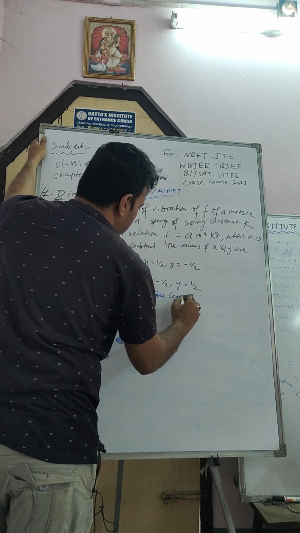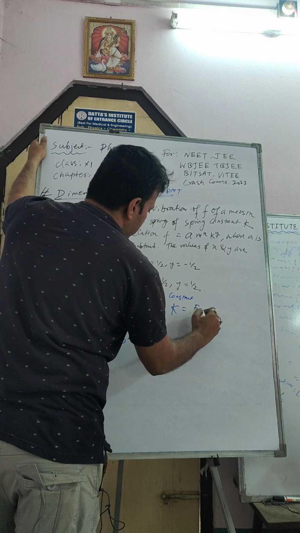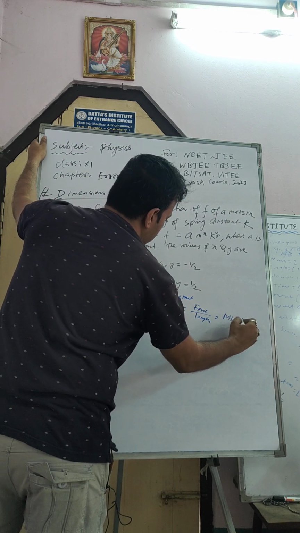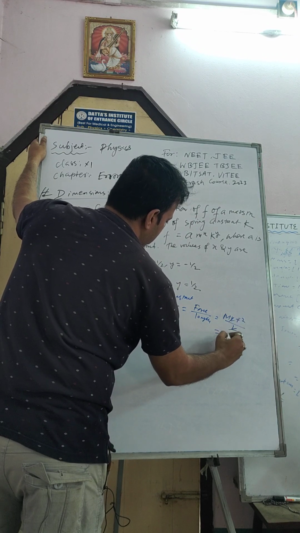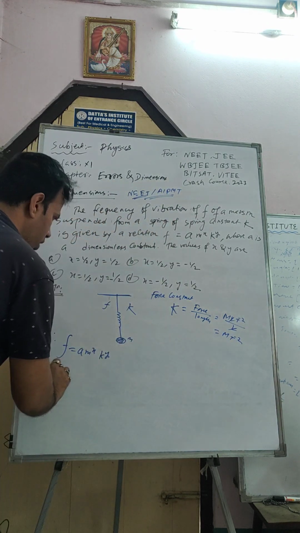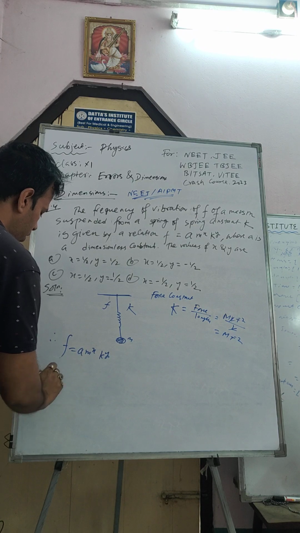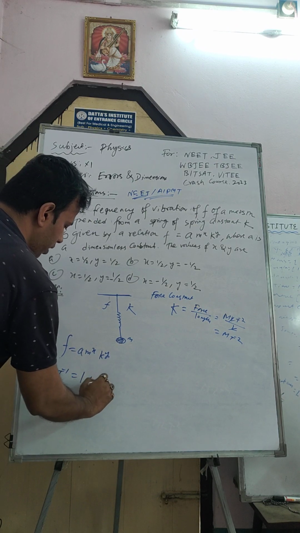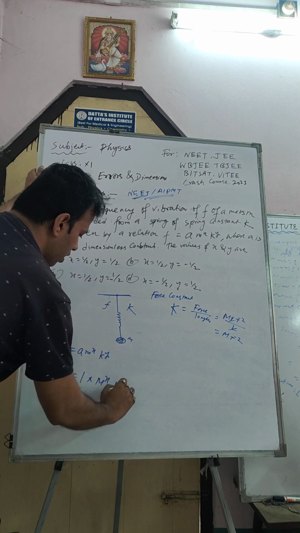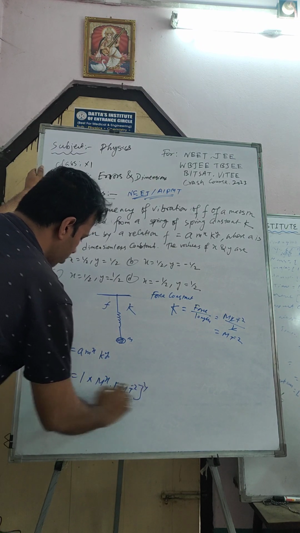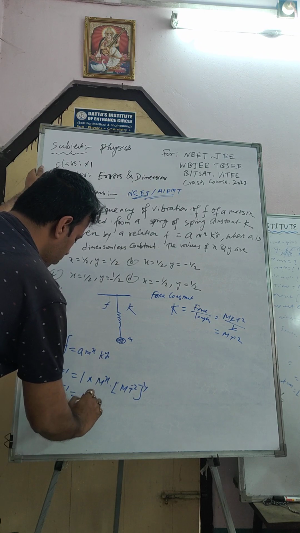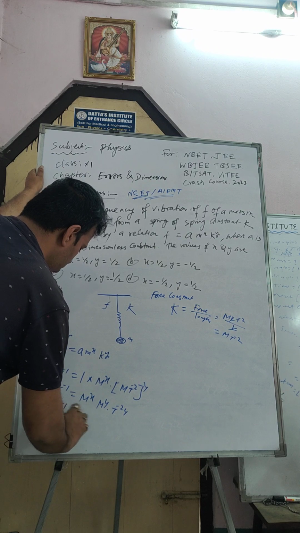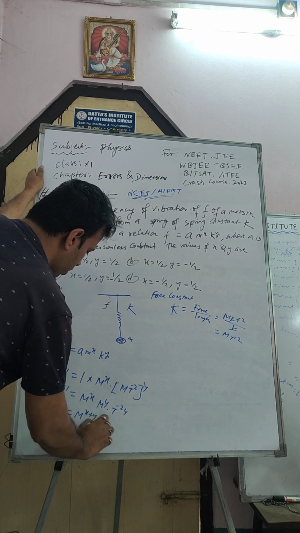Force constant dimension is force by length. Force is M L T minus 2, length is L, which cancels, so M T minus 2. The dimension of frequency is T minus 1. A is 1, m is M, and k is M T minus 2, to the power y. So T minus 1 equals M to the power x plus y, T to the power minus 2y.